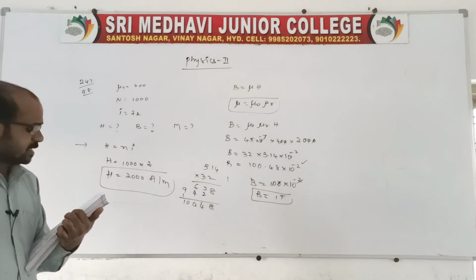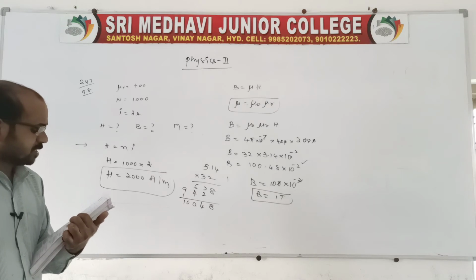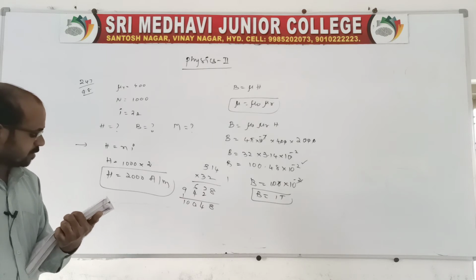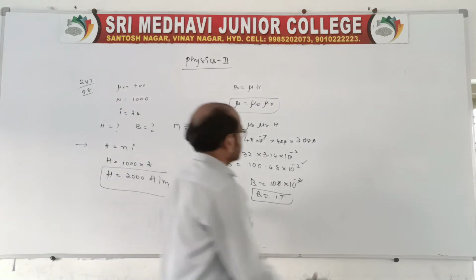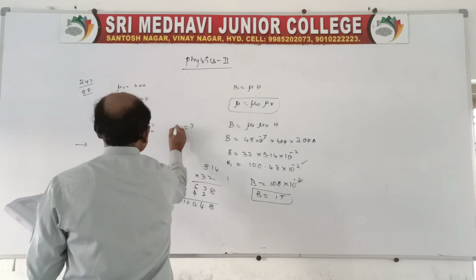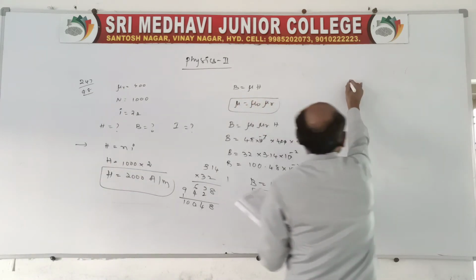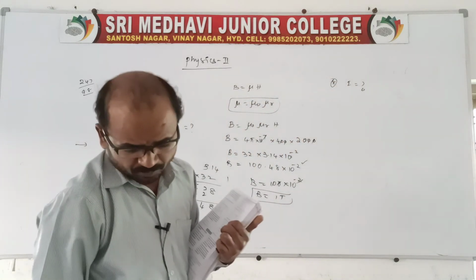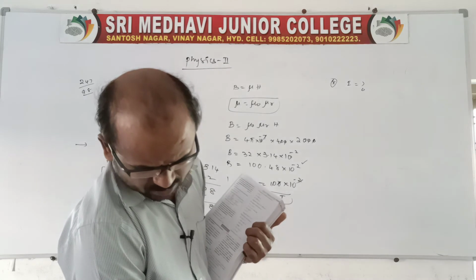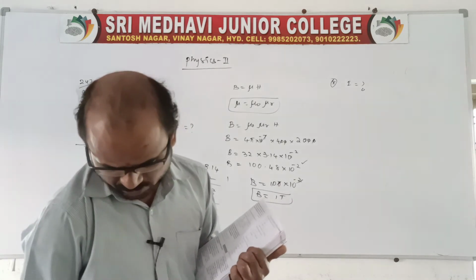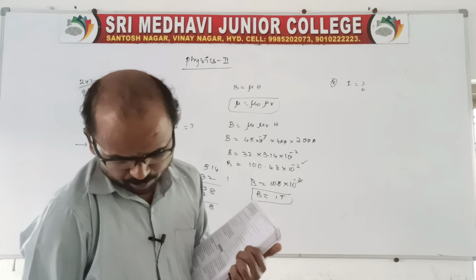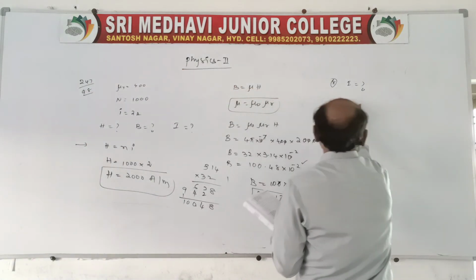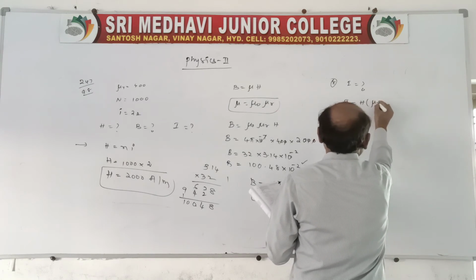It is also asking intensity of magnetization. Actually, it is asking what capital M is. Capital M is nothing but magnetization. Sorry, it is asking I. I mean to say it is I, the intensity of magnetization. So it is asking I. We need to get I. See, using all those formulas, from those formulas, we need to get I. So out of all those formulas, we know I is equal to capital H into mu r minus 1.